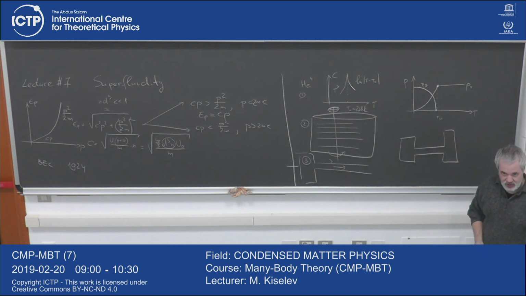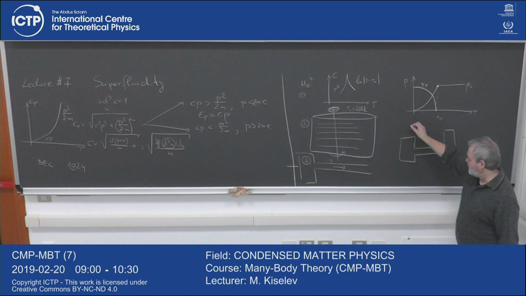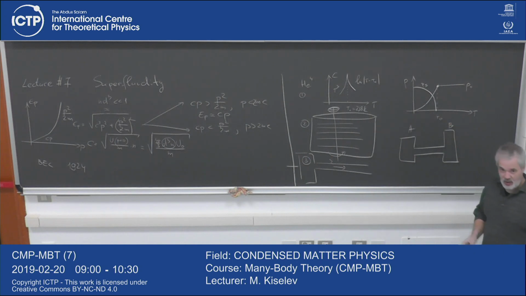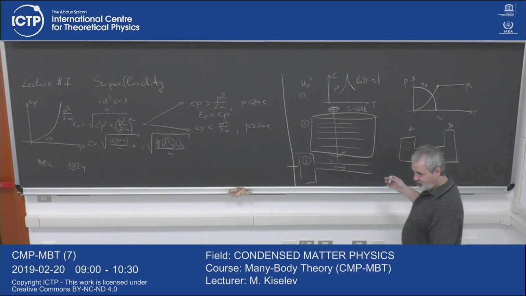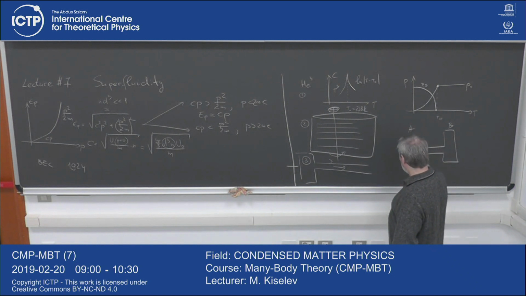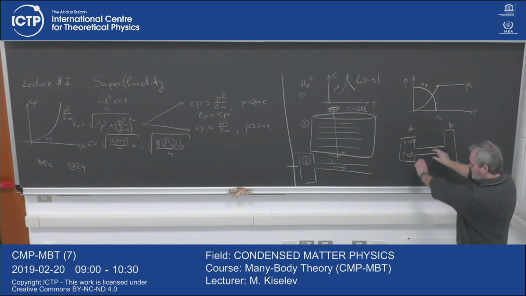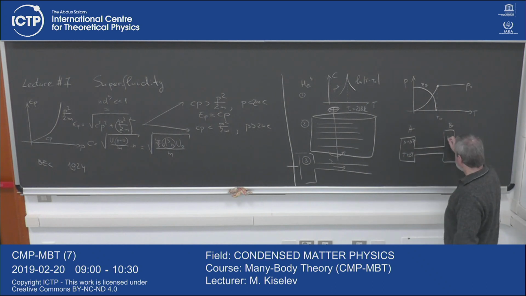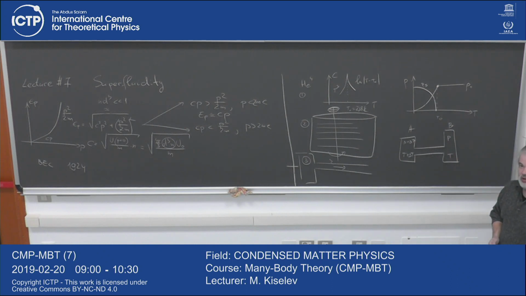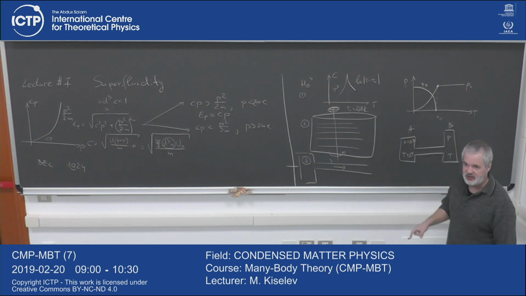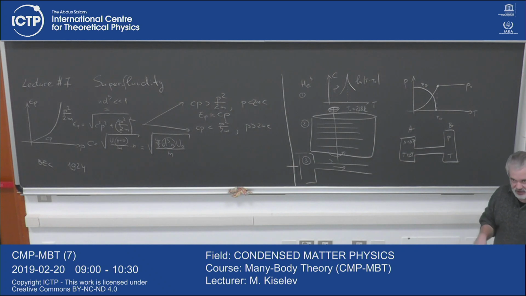So if we make two containers, A and B, and create a pressure and temperature in one container as P plus delta P, and T plus delta T. So to say, we heat it a little bit, we pump it a little bit, and there is a capillary connecting containers A and B. Of course, the containers are big enough to assume that the systems in containers A and B are in thermodynamic and mechanical equilibrium.